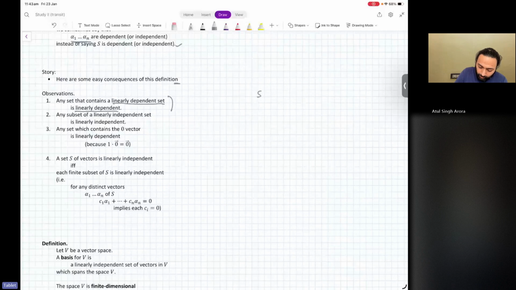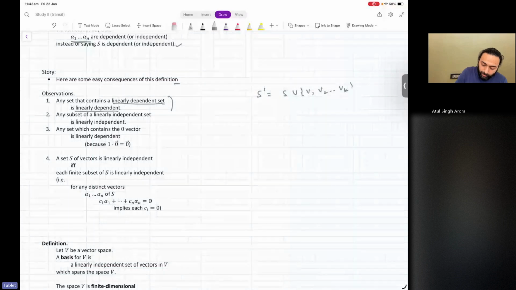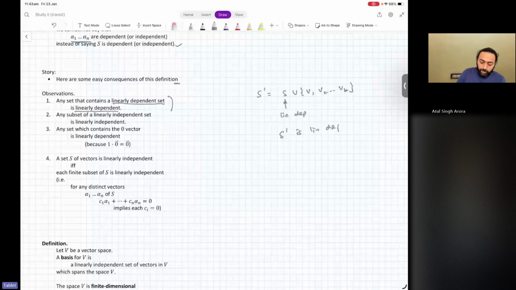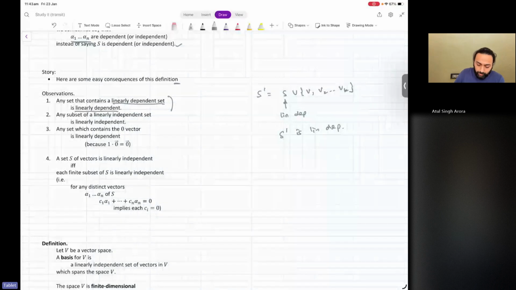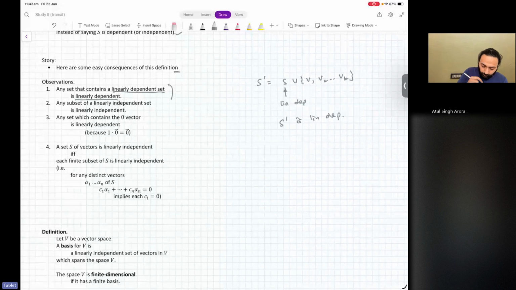And we have S union some elements, V1, V2, and so on, Vk. And we know that this thing is linearly dependent. Then S prime is linearly dependent. Right? Darsh, do you see why this is? Yes, sir.